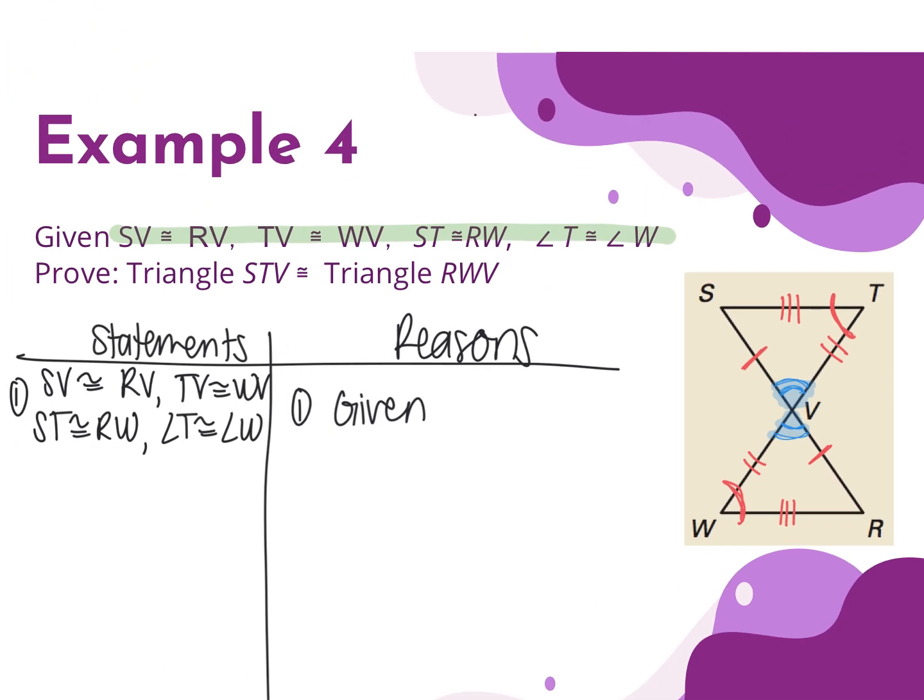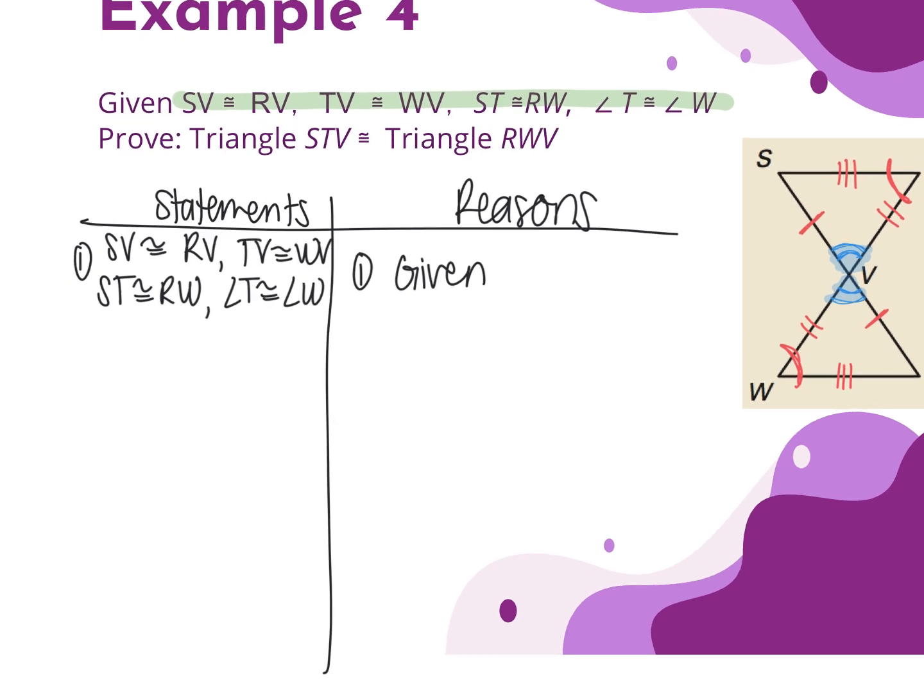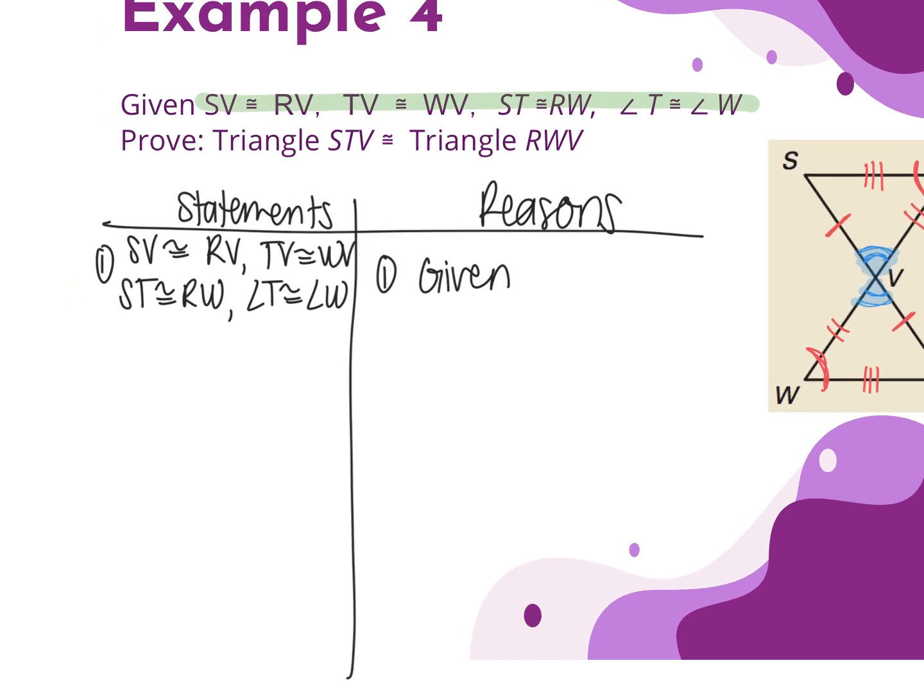I know my reasoning, but how would I state it as angles? Remember, I can't say angle V and angle V. I would have to say angle SVT is congruent to angle RVW, and we know that why? Because of the vertical angles theorem, or vertical angles congruency theorem, because they're always congruent.